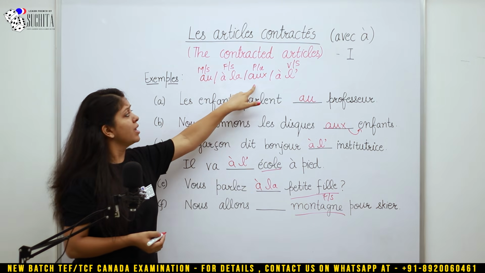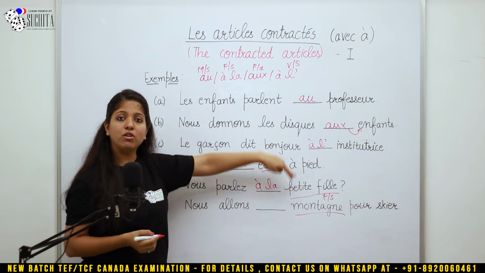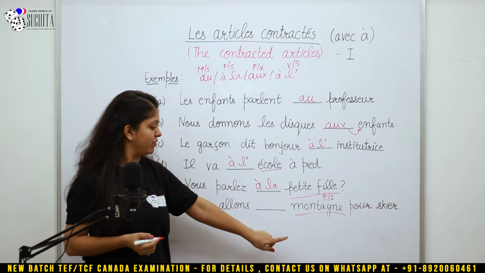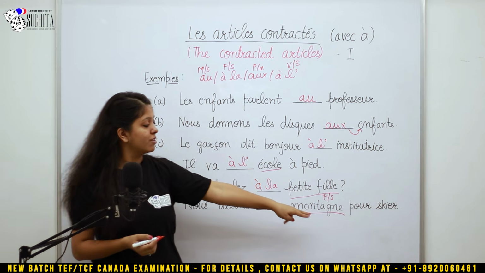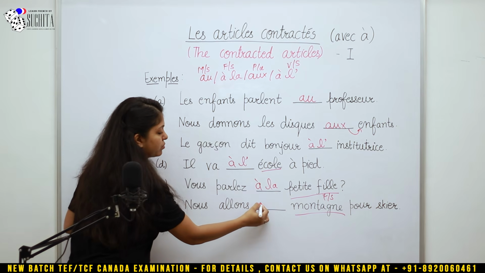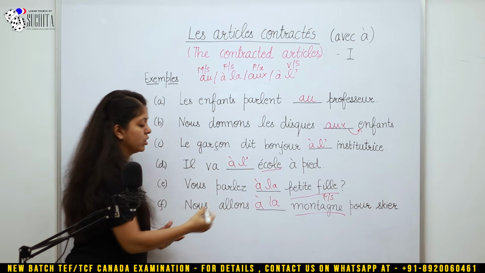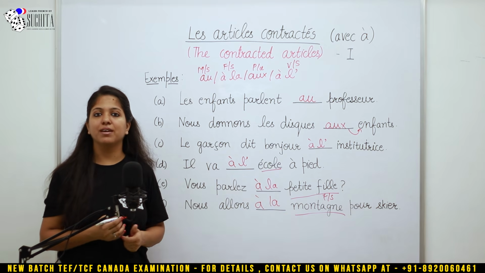Follow this order. Is it plural? Montagne, no, it is not plural. Does it begin with a vowel? No, it doesn't even begin with a vowel, it begins with M. Then check, masculine or feminine? Of course, it ends with E, so it is feminine. Nous allons à la montagne pour skier.